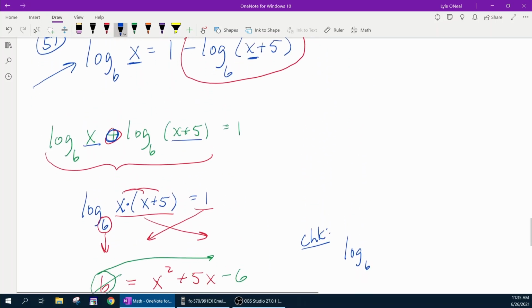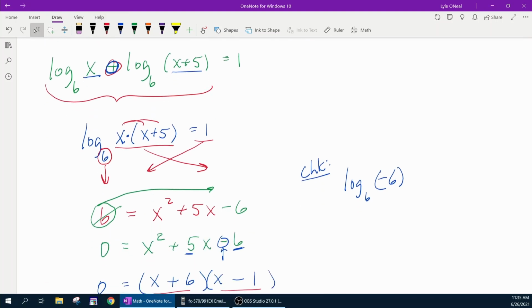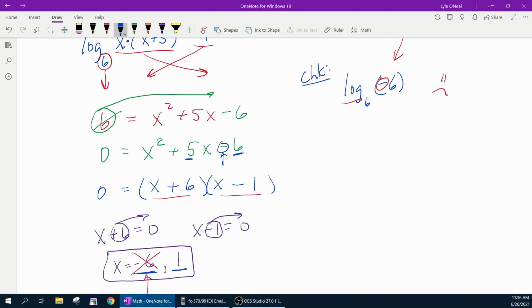So log base 6 of negative 6, replacing this x right here with negative 6, and I don't need to go any farther. Remember, that's a red flag because you can't take the log of a negative number, and so that answer is definitely not going to work out. It fails immediately.